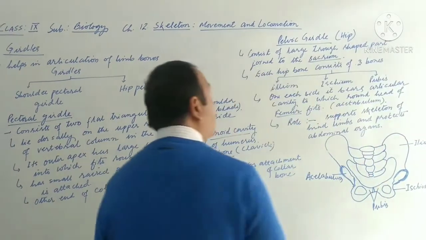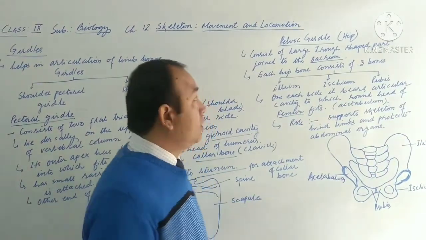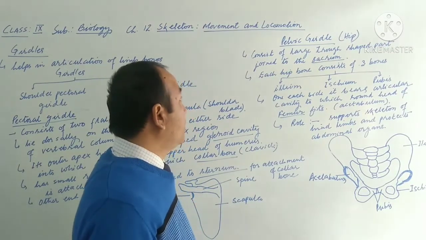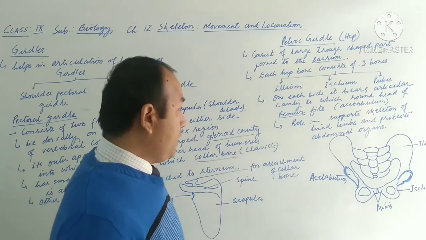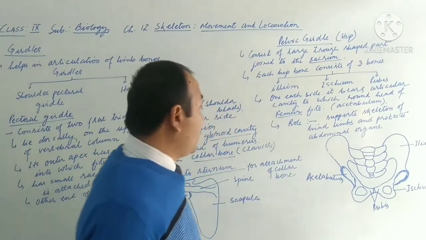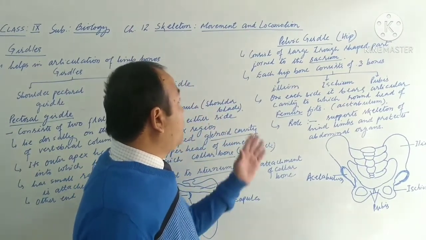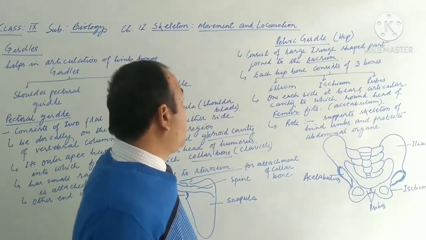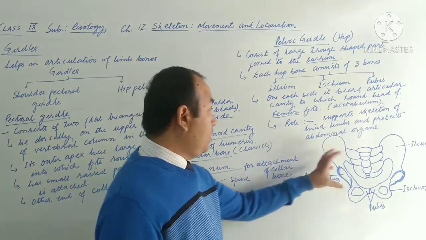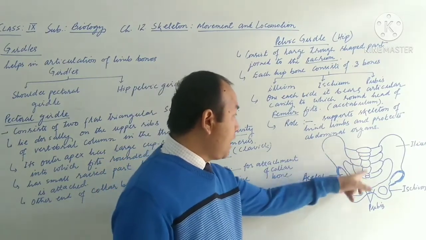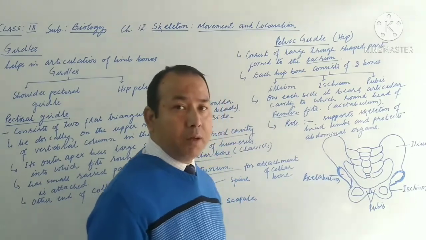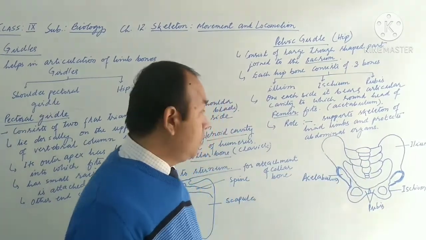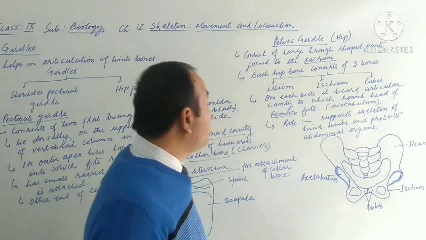Now we learn about the pelvic girdle, which is present in the hip region. See a very rough diagram I have drawn for this pelvic girdle. It consists of a trough-like structure, the two halves of which are joined medially to the sacrum. The sacrum is the end part of the vertebral column, and then comes coccyx. They are attached to the sacrum region.